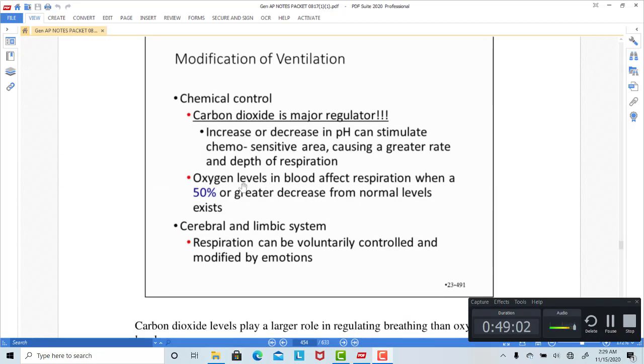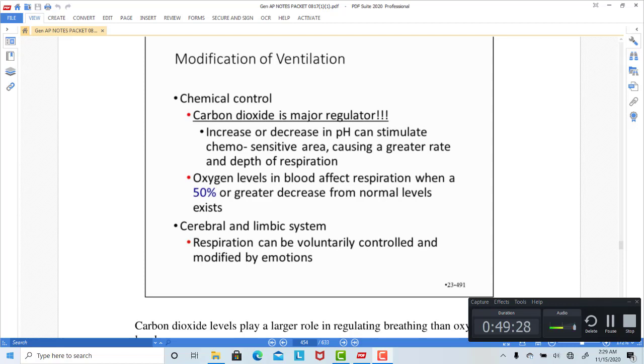So again, carbon dioxide is so important. We need to make sure we blow off carbon dioxide and that it's tightly regulated, because it can be very dangerous, so it actually determines the respiratory rate. If carbon dioxide levels are rising, then the respiratory rate will increase because we need to blow off that extra carbon dioxide.